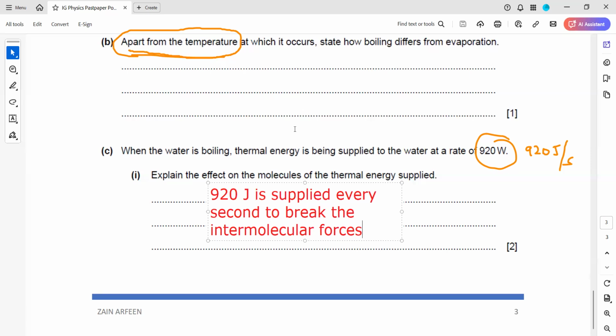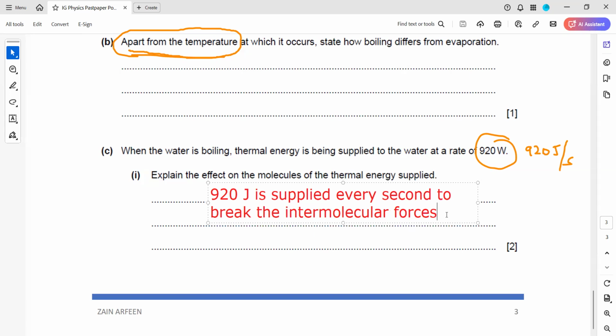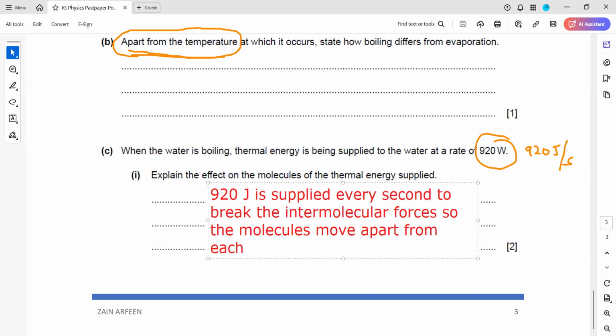So state the effect on the molecules: 920 joules of energy is supplied every second to break the intermolecular forces. So the molecules move apart from each other. That is what we are supposed to write.